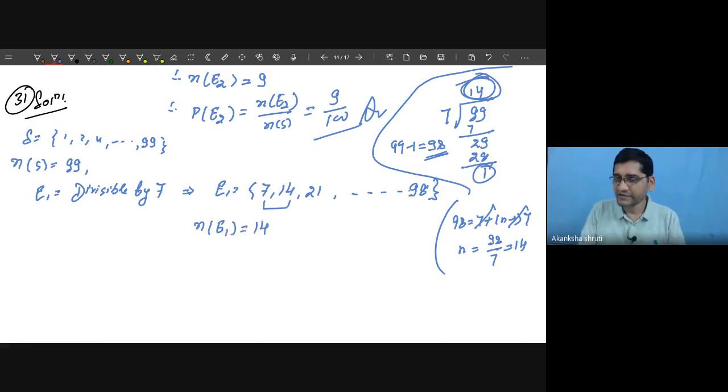That's why I was focusing on chapter 1, because it is applicable everywhere. Unless you are thorough with the numbers, you cannot solve mathematics. Because in probability and at any place, these number concepts get applied. Divisibility, multiple, even, odd, composite.